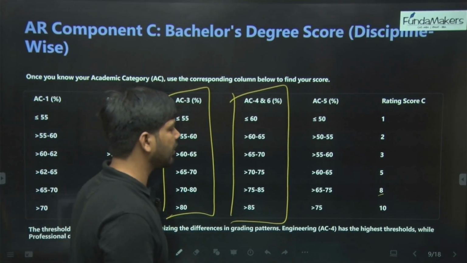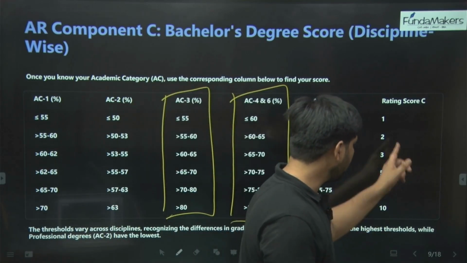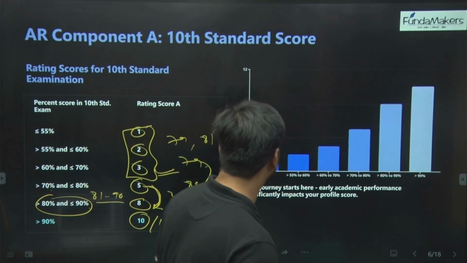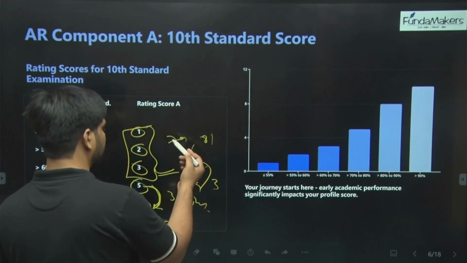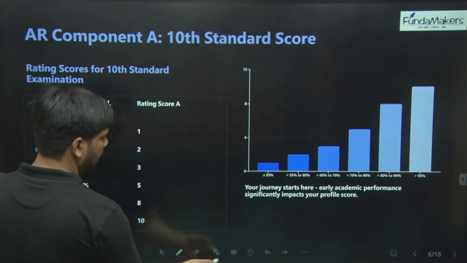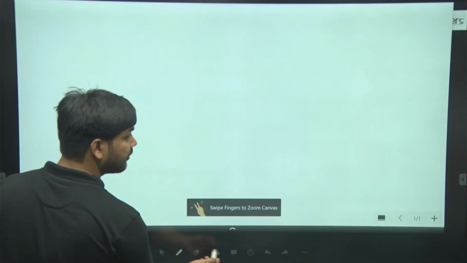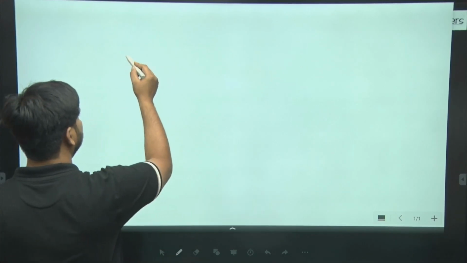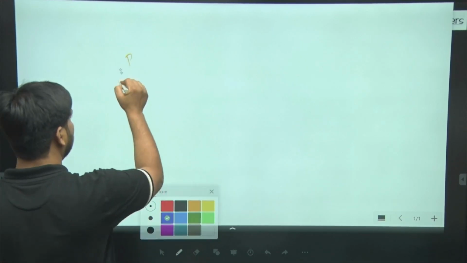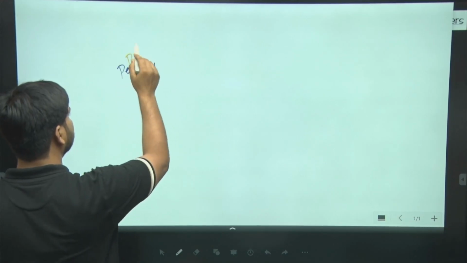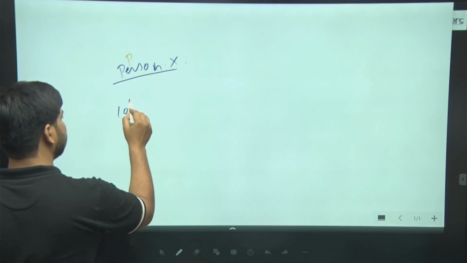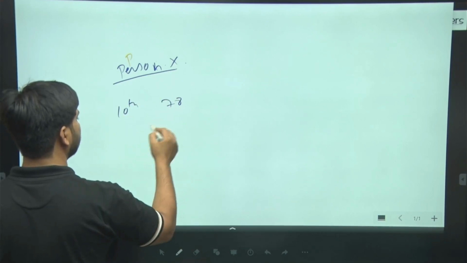Now, how do you calculate the application rating score? Let's discuss a profile out here. Say person X, let's take it this way. In 10th, he got 78% marks.